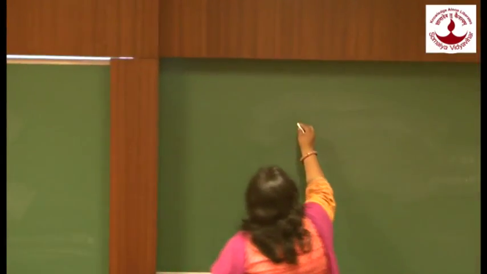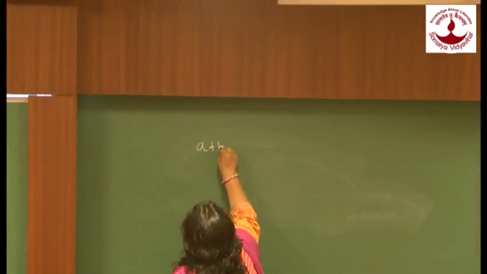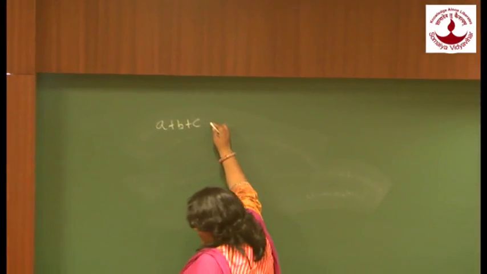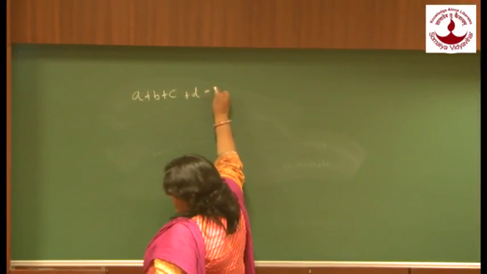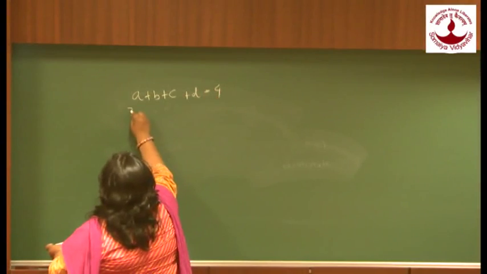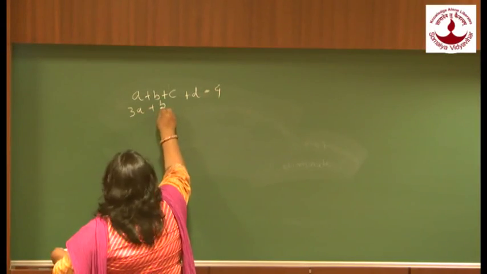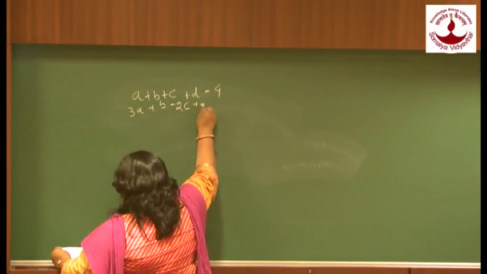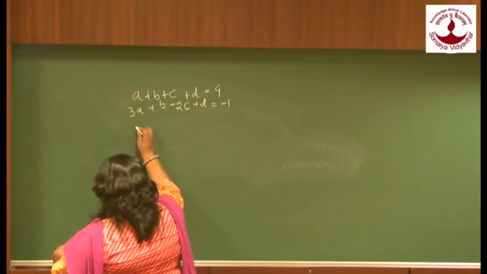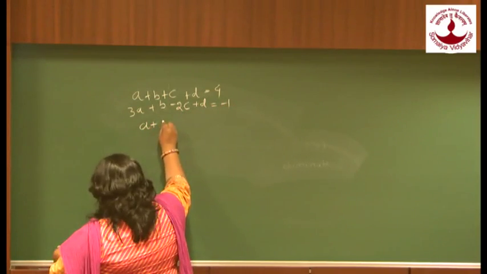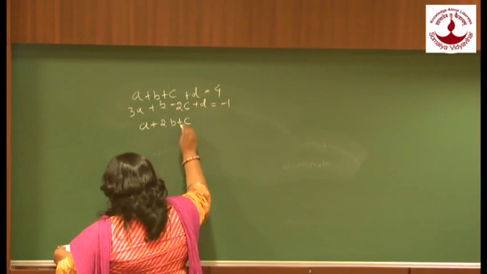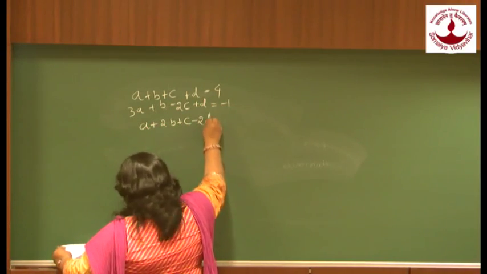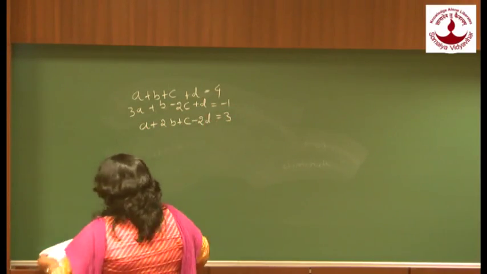So now I am considering the system a plus b plus c plus d equal to 4, 3a plus b minus 2c plus d equal to minus 1, and a plus 2b plus c minus 2d equal to 3.